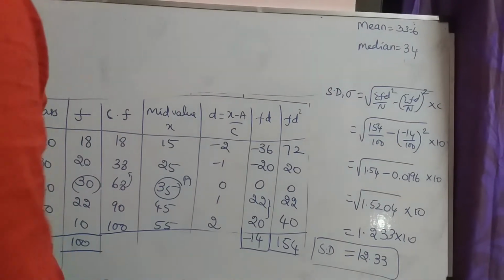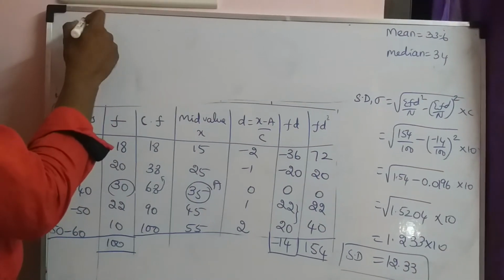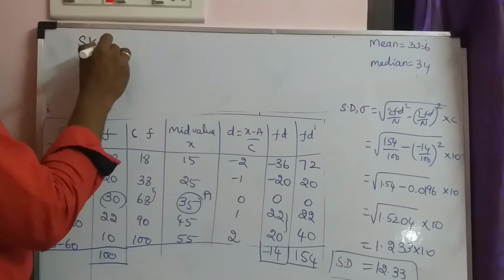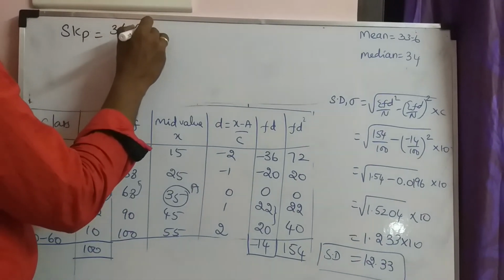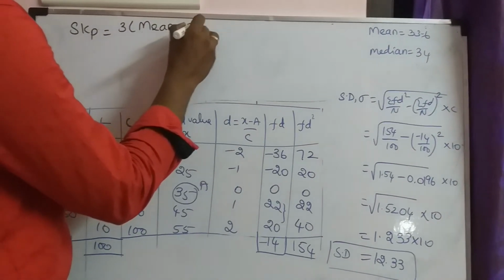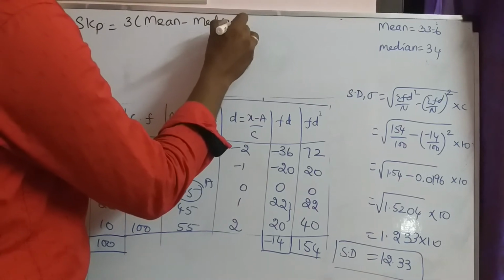Next, applying the formula, the Karl Pearson coefficient of skewness is 3 into (mean minus median) divided by standard deviation.